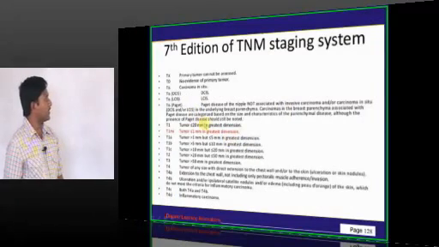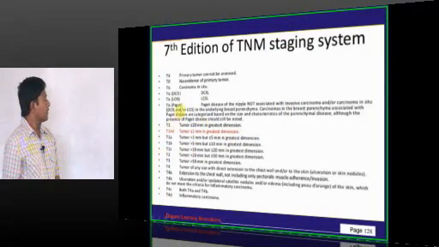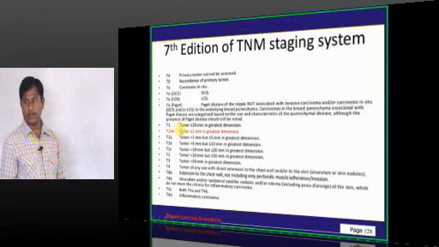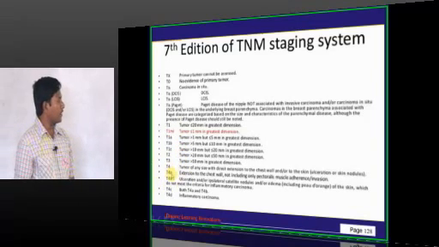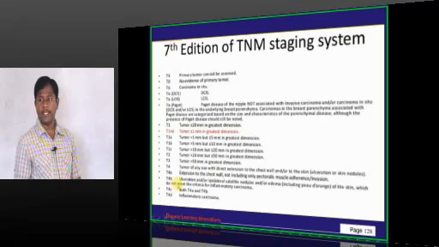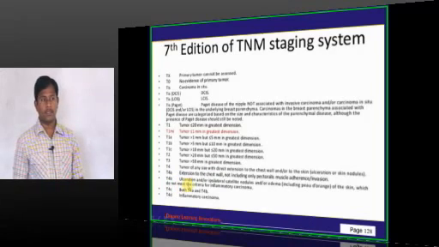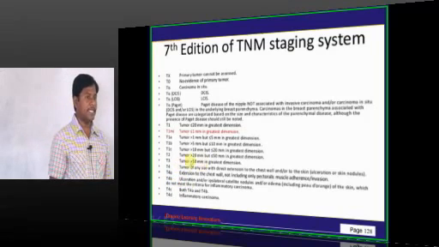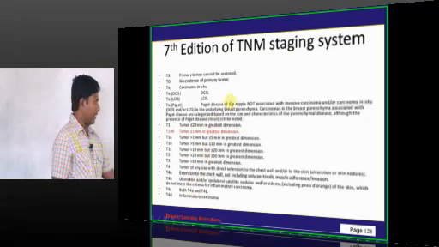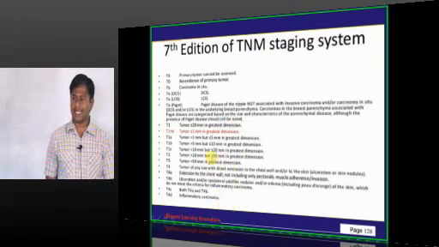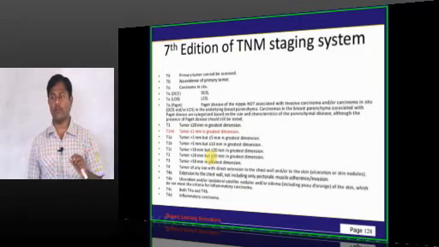Of course, you know the T staging, right? T1 less than 2, T2 2 to 5, and T3 more than 5. T4a is chest wall, b is skin, c is a plus b, d is inflammatory carcinoma. Now, what are the skin lesions that you find in T4b?